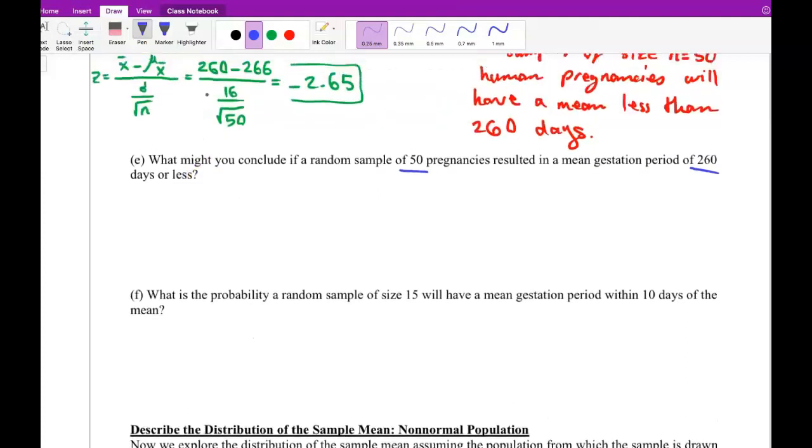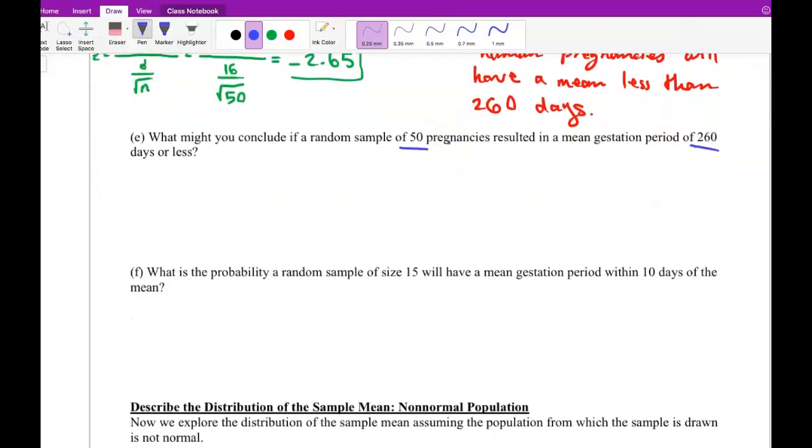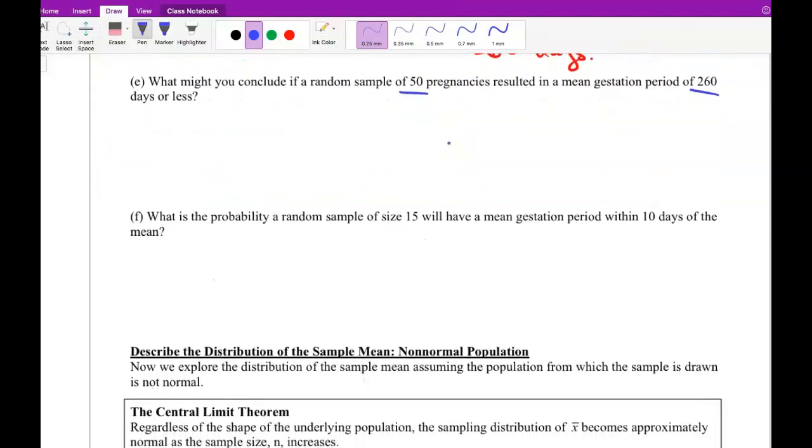Okay, so this was from the previous part D, and we got 0.0040.